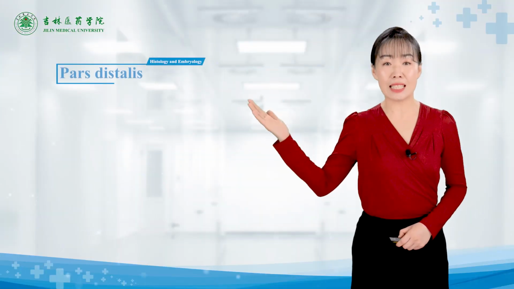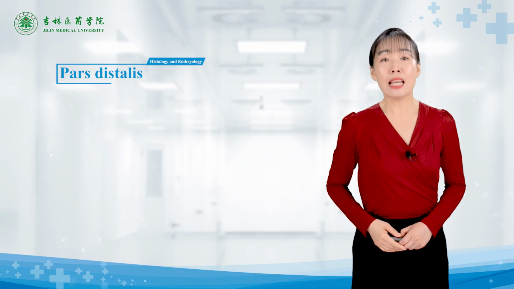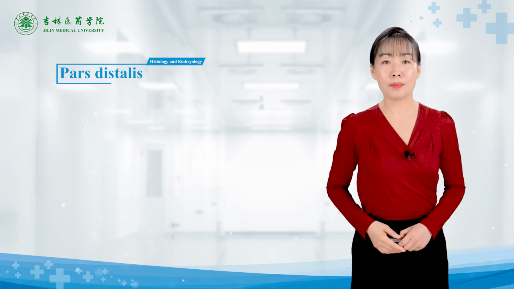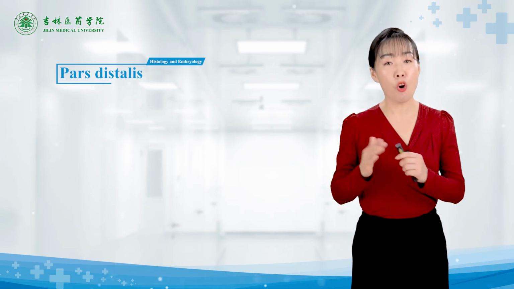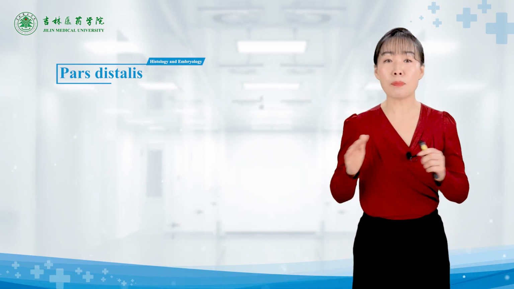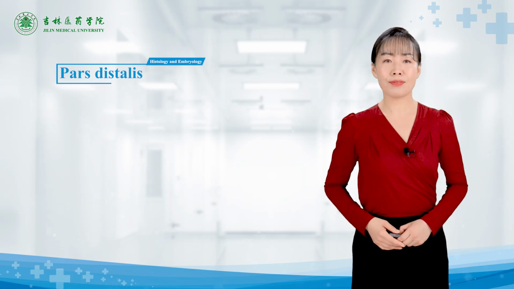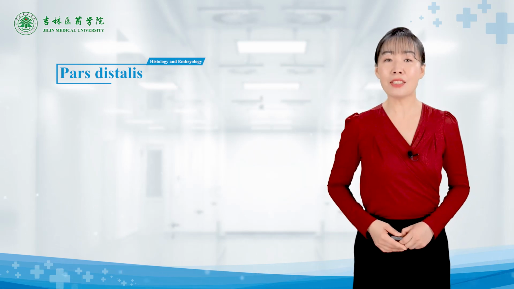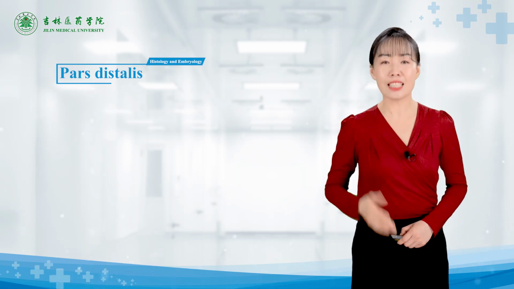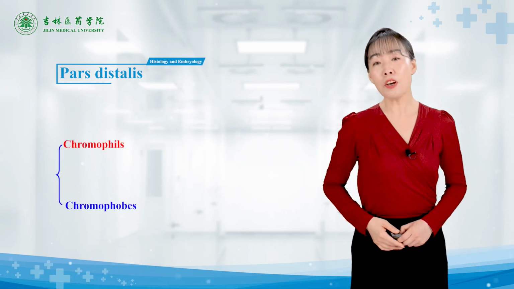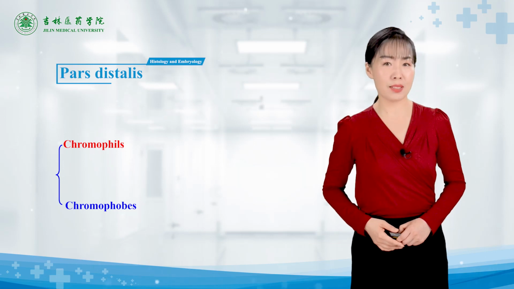Pars distalis dominates the adenohypophysis. We may learn it. The cells are arranged in cords interspersed with blood sinusoids. Common stains allow the recognition of two cell types in the pars distalis: chromophils and chromophores.